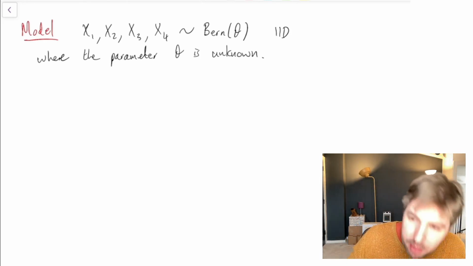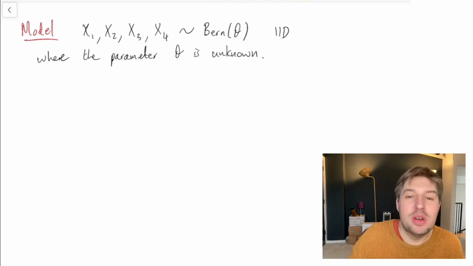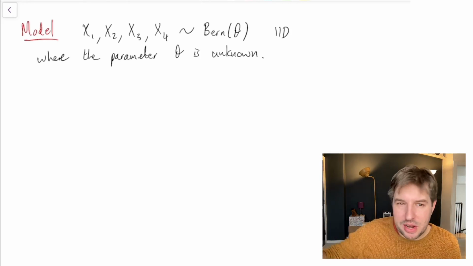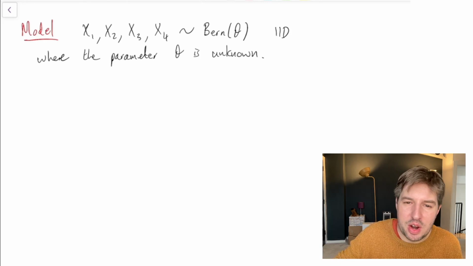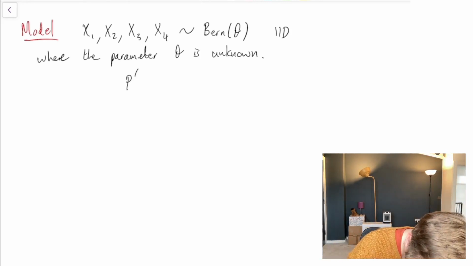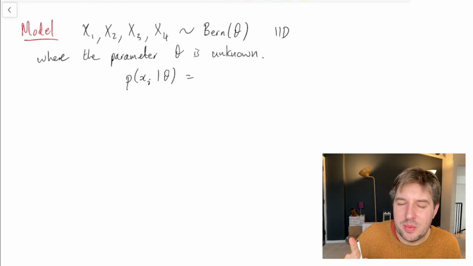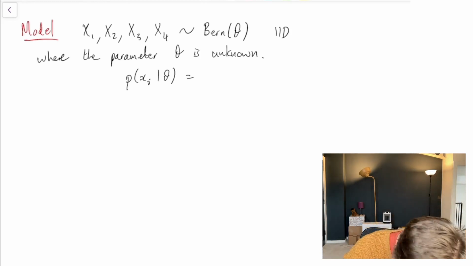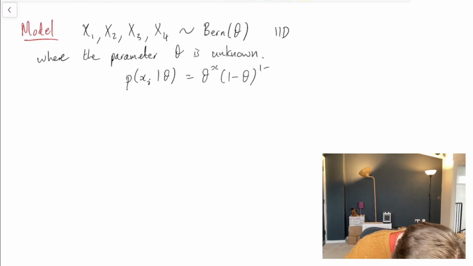If you remember, a Bernoulli theta is 1 with probability theta. We're letting that denote heads. And a 0 with probability 1 minus theta. We're letting that denote tails. So we had p of x_i given theta, well, there's actually a convenient way here of writing it: theta if x is 1 and 1 minus theta if x is 0, which if you think about it for a moment, actually works, right?